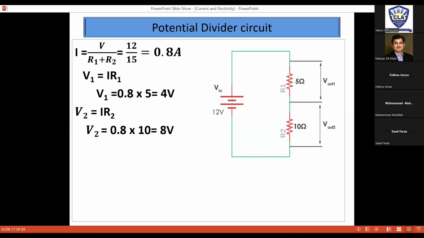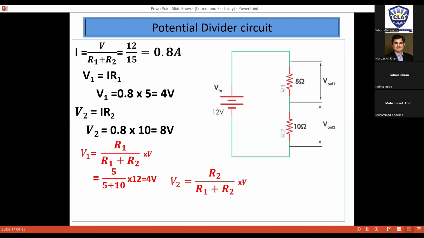What if I slightly modify? R1 into V over R1 plus R2. Again, you can see that you get the same answer by this method as well. So it is your choice. Either you use the first method, or if you want to, you can use the second method.